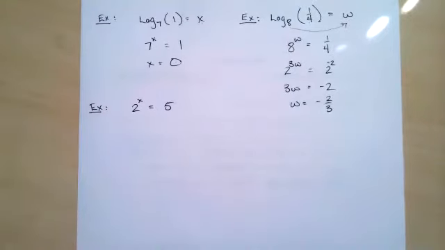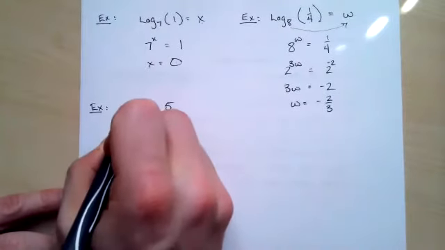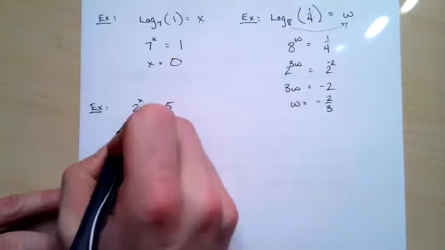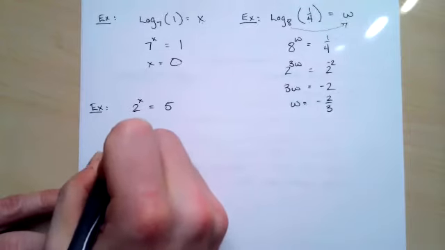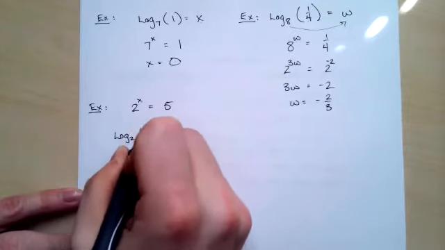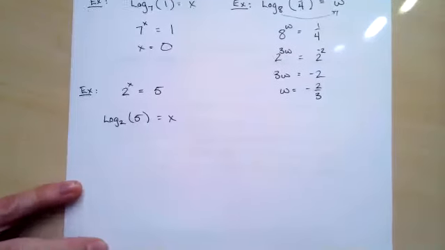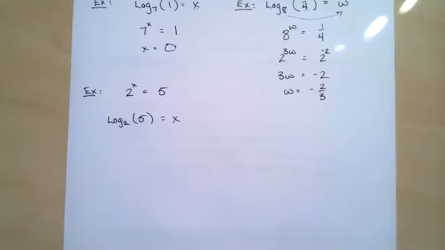Well, what's the equivalent log statement? The base is always the same. So here we have a base 2. This is saying log base 2 of the opposite side, 5, is equal to x. And that is our solution for x.